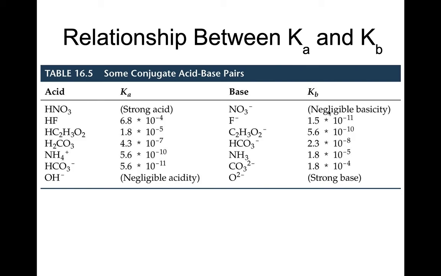It's so weak, it's not significant. But then as we go through our acids here, as this number gets smaller and smaller, so as our acid gets weaker, the conjugate base is getting stronger. This number is getting bigger. And that's because of the relationship we have to have between these pairs.